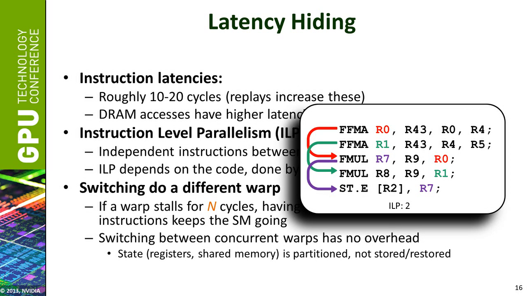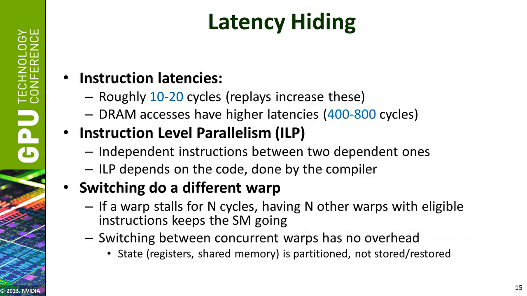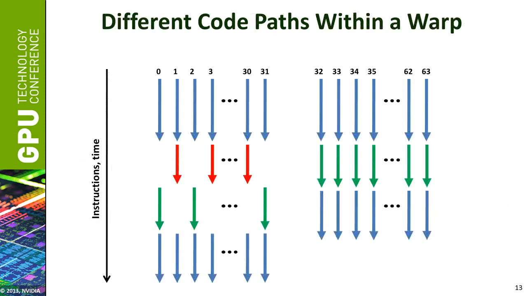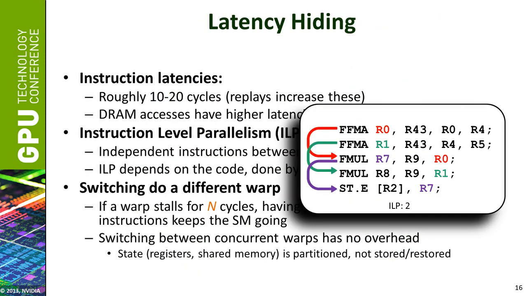So for this code, we'd say we have an instruction level parallelism of 2, because any pair of adjacent instructions are not dependent on each other. We can issue one instruction, issue the next one, and then stall waiting for the very first instruction to produce its value. That's one way to hide latencies, and that's mostly what CPUs rely on.